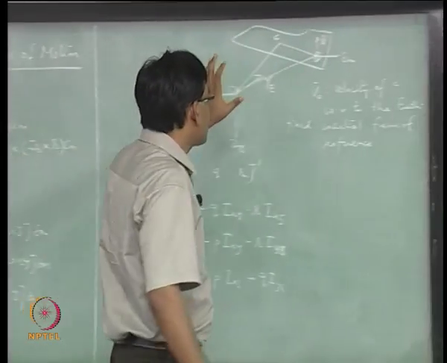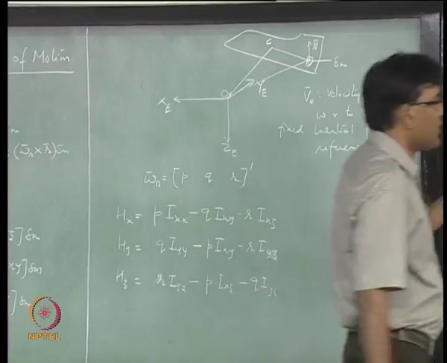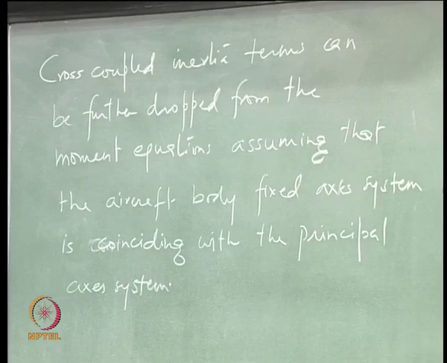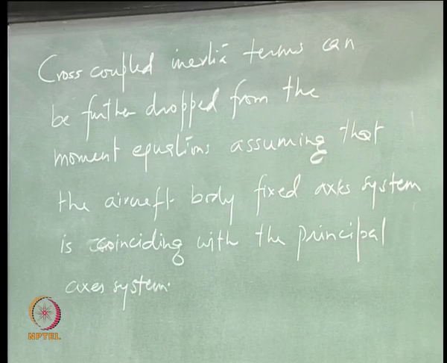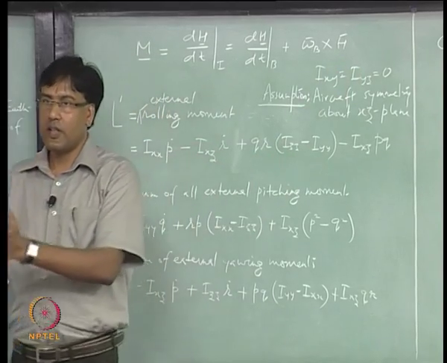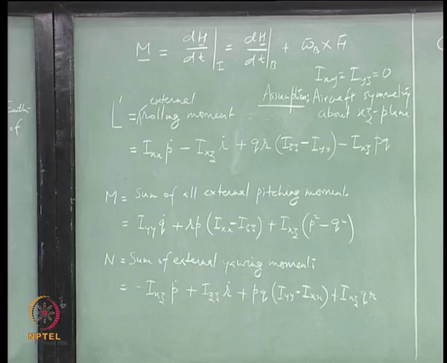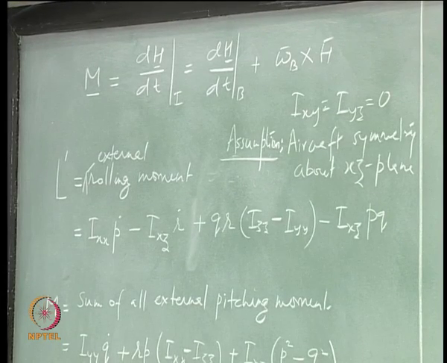There is another axis system about which these cross coupled terms will disappear. How do you neglect this part? We assume that y is the same on the positive side and the negative side.